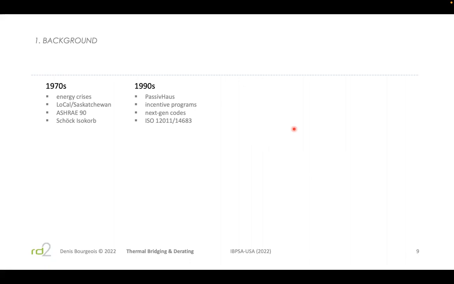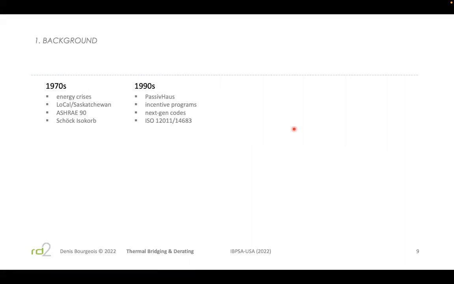In the 1990s, you're looking at the early 91, the first Passive House certified buildings, I believe, or houses, at that time, where certainly thermal bridging mitigation was a main focus. You started noticing the first major incentive programs and next generation codes where thermal bridging mitigation starts to be part of this discussion or dialogue, but it's haphazard. It's not super consistent. You would have a lot of exceptions in the codes.